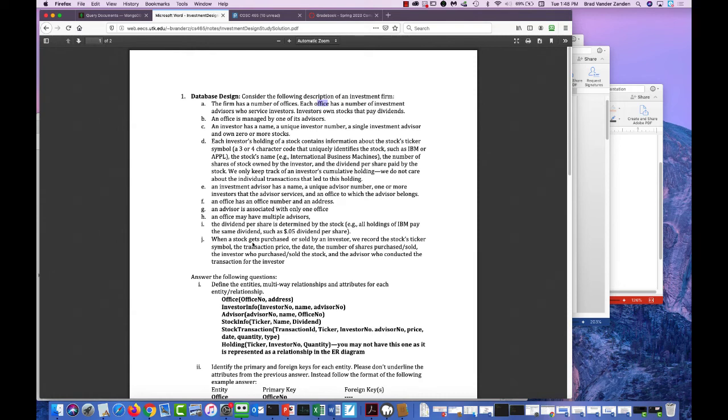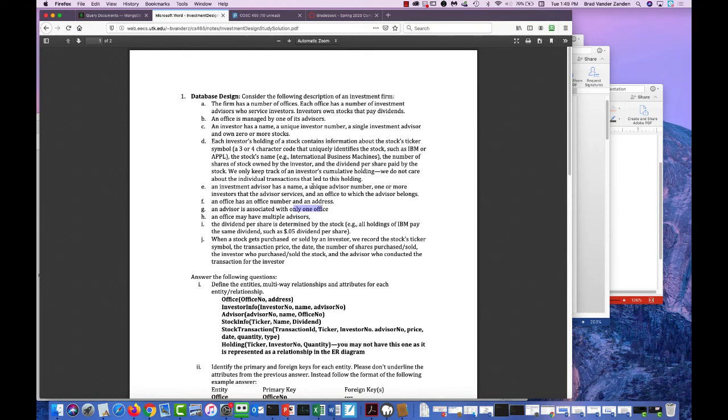Also, if you have multiple nouns in a sentence, there's a good chance it is a multi-degree relationship that requires a diamond. And always be on the alert for words like multiple, 0 or more, associate it with only one. Those things are giving you multiplicity information.